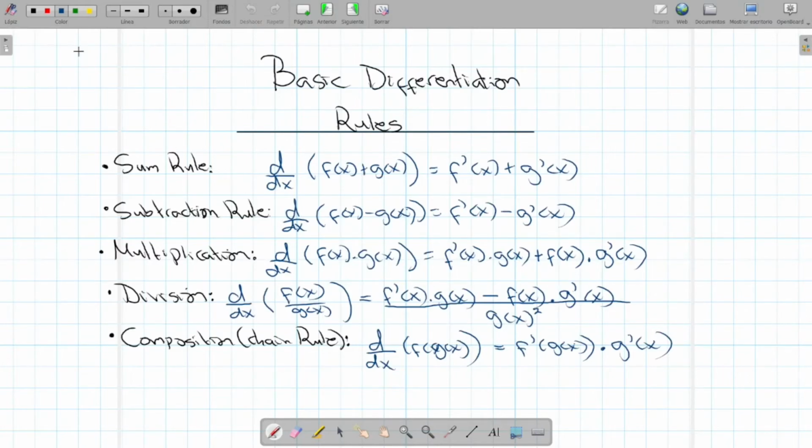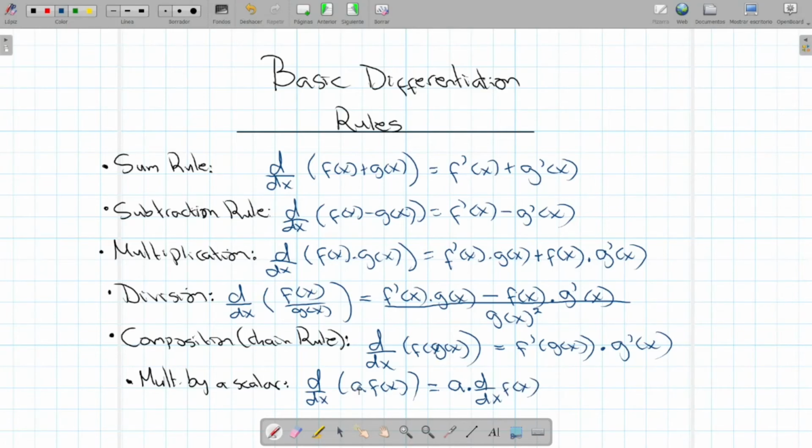And the last rule we need to know, and it's a very important one, is the multiplication by a scalar. So if we have the derivative of a function multiplied by a number, where a is a number, the mathematicians doing operations have discovered that this is the same as multiplying the number by the derivative of the function.